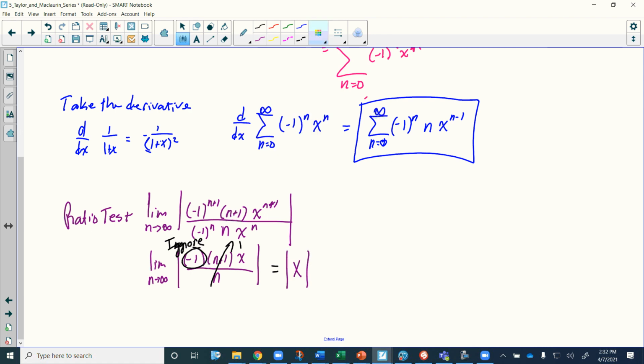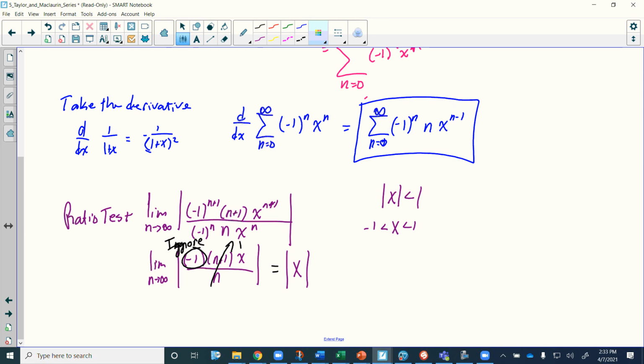for my limit. And again, based off of the idea of the constant ratio, which is what the x is representing, the constant ratio of a geometric series, the absolute value of x needs to be less than 1. So in this case, the radius is going to be 1, because if we were to set up and solve the compound inequality, we're going to wind up with x less than 1 but greater than negative 1.